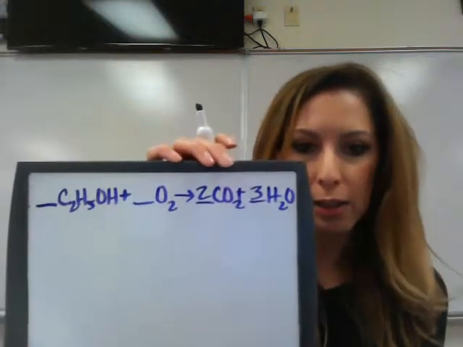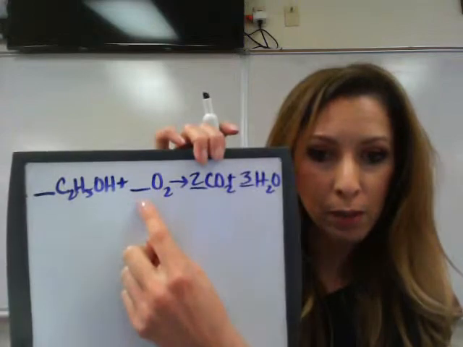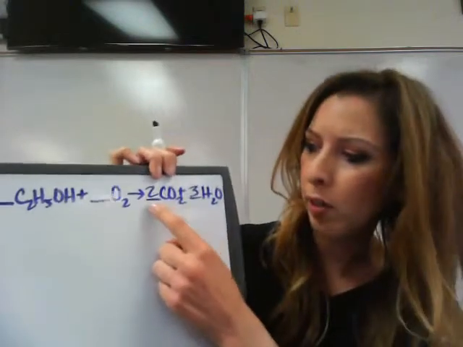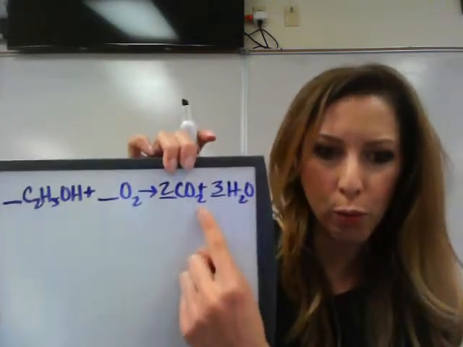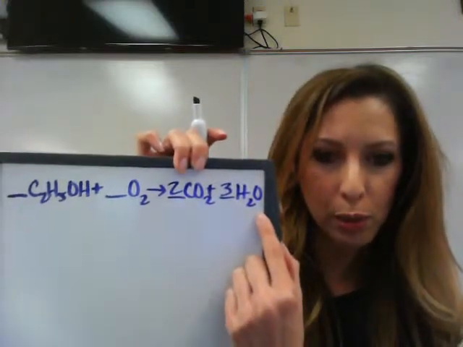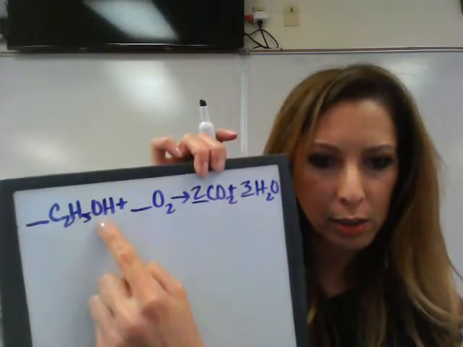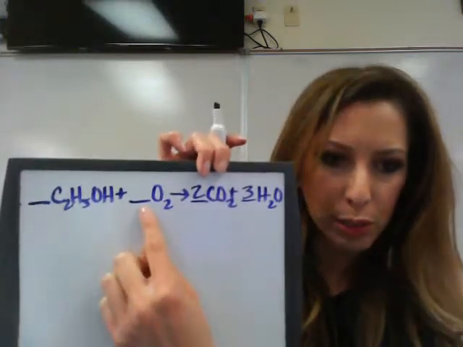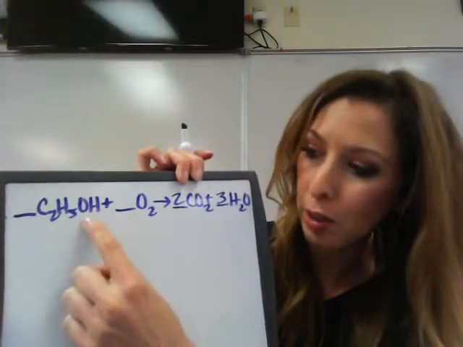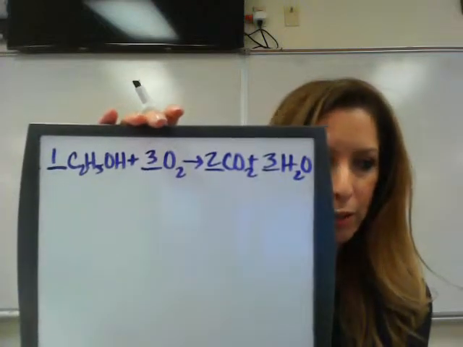Now I told you to balance oxygen last anytime you have this O2 by itself. So here I have 2 times 2, which is 4 oxygen, plus 3 oxygen right here. So 4 plus 3 is 7. You already have 1 oxygen alone here. So if you put a 3 here, 3 times 2 would be 6, plus this one would be your 7th oxygen. So that's the equation balanced.